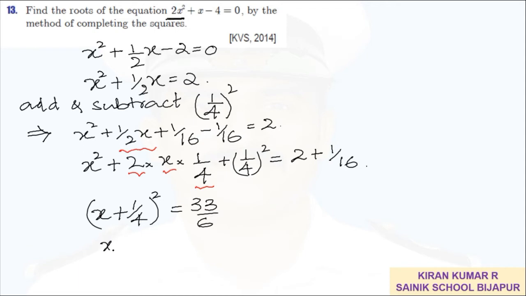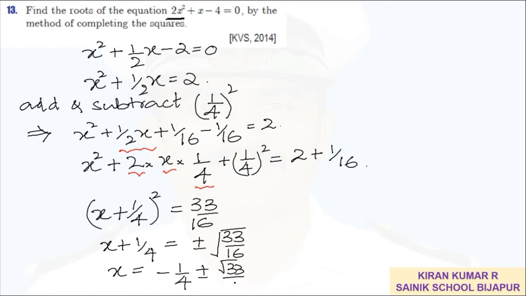Therefore, x plus 1 by 4 will be plus or minus root of 33 upon 16. So x will be equal to minus 1 by 4 plus or minus root of 33 divided by 4.